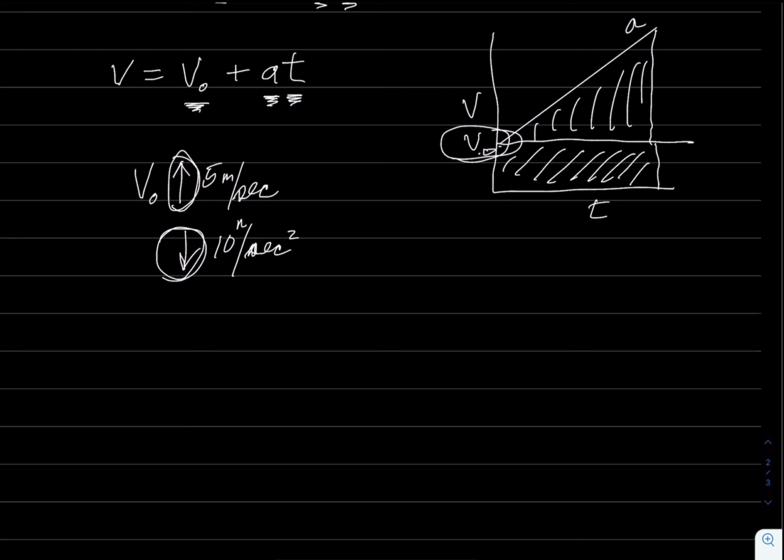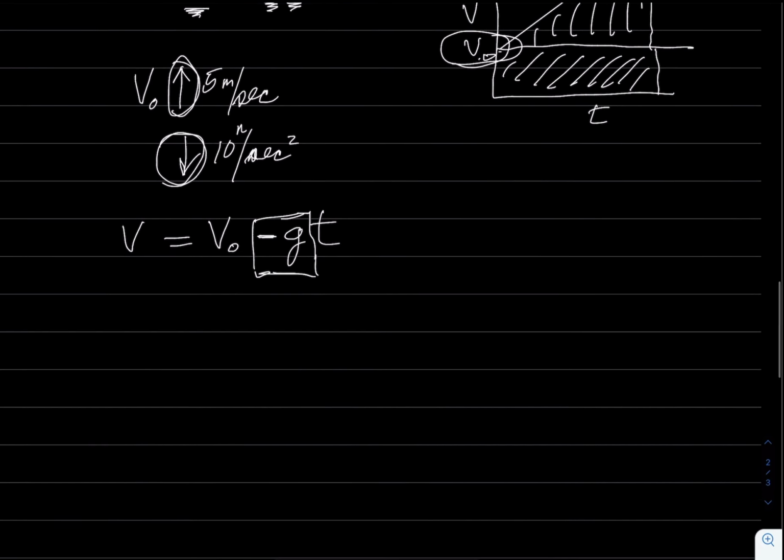So let's say that the speed of the ball equals its initial velocity, which we're going to say is 5, but I like to work with letters and plug the numbers in at the end. And we're going to say minus g times t, okay? Because minus g is the acceleration that the ball is going to be undergoing.